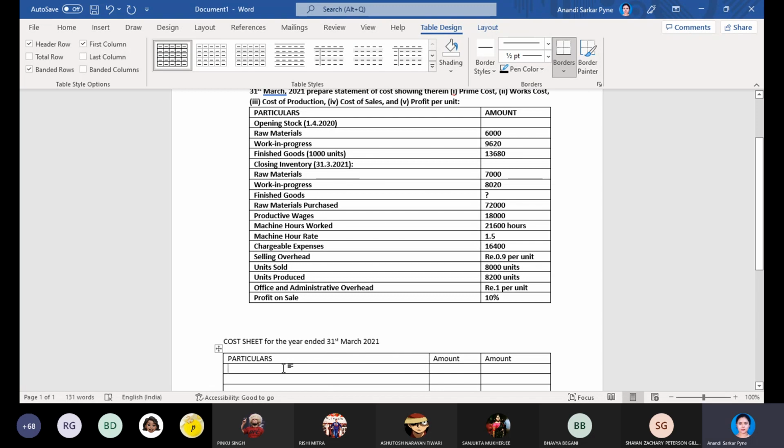First we need to find out raw material consumed. So opening stock of raw material, plus this one, 6,000, plus raw material purchase 72,000, less closing stock.